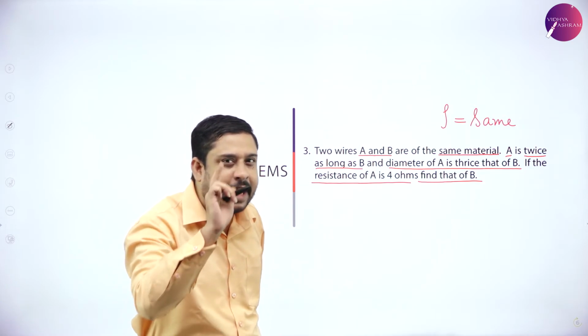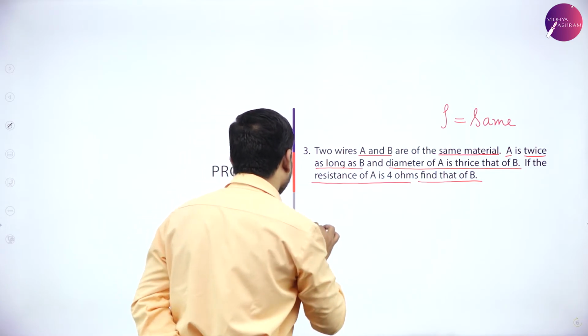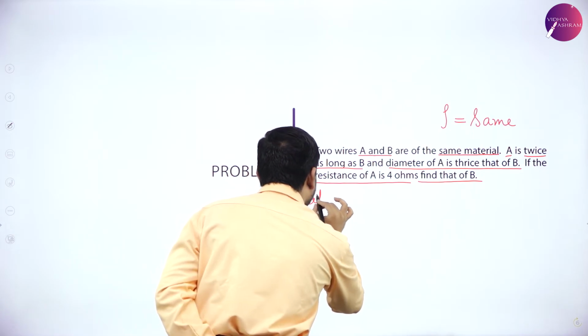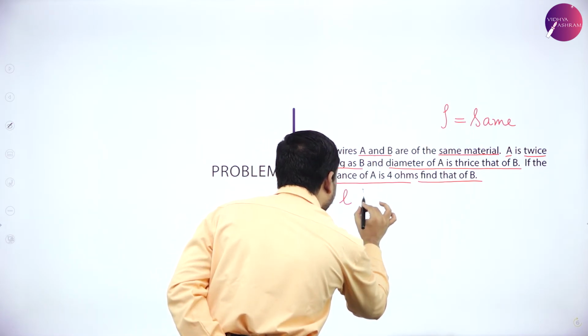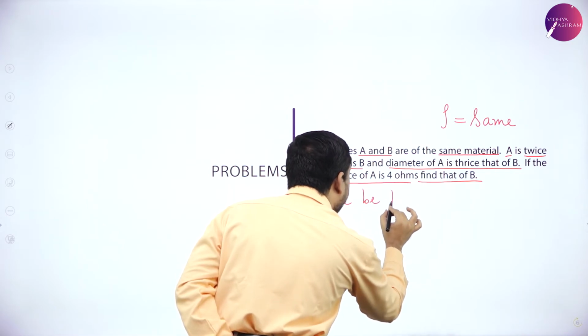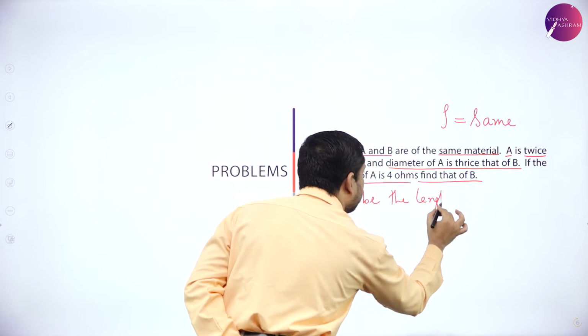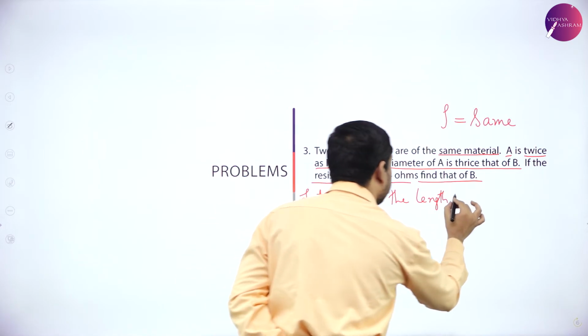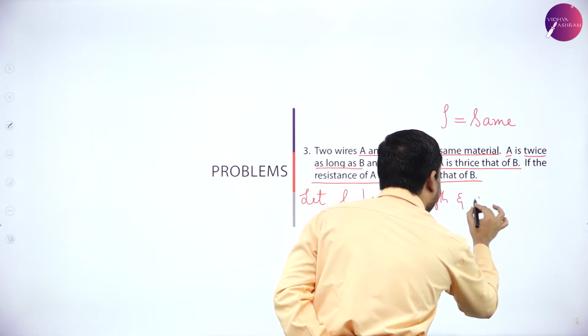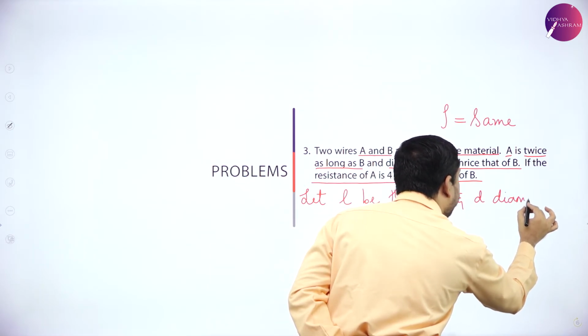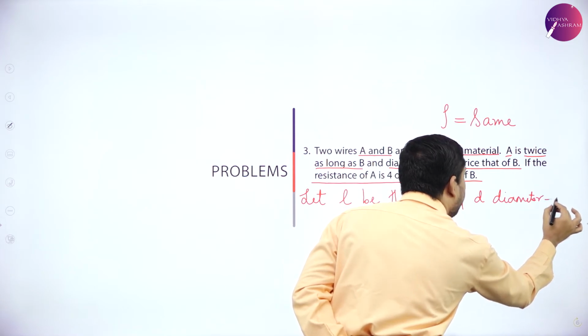Now, carefully observe. Going to the solution, let L be the length and D be the diameter of which wire?